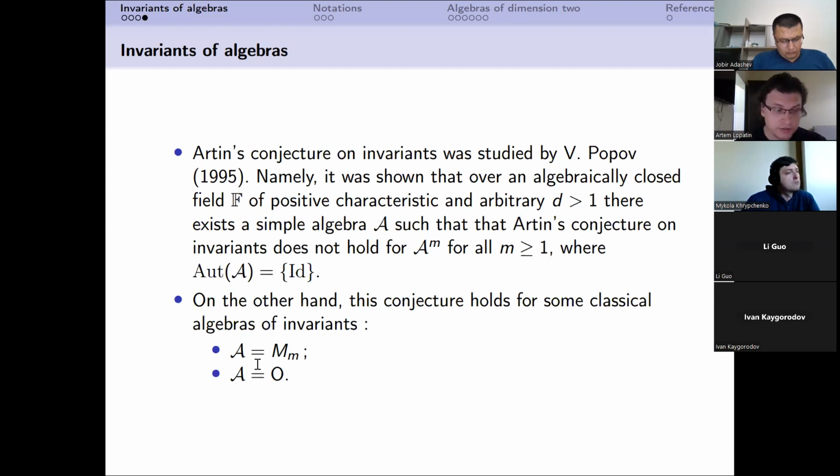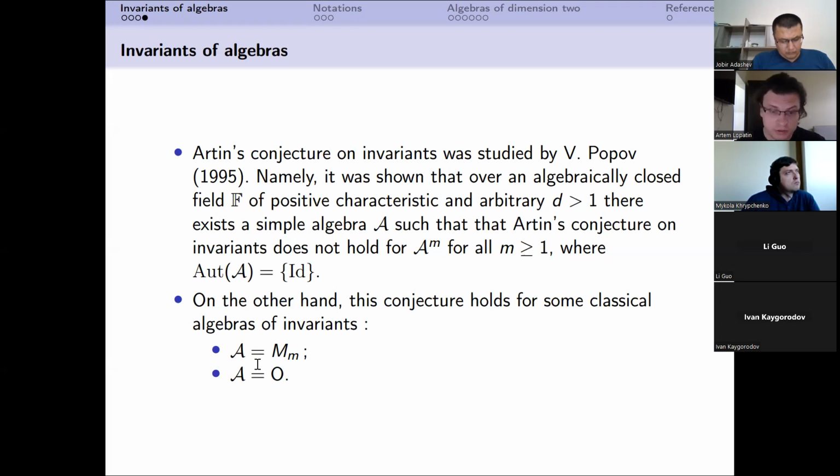And in all these cases, they had some algebra, non-associative, and a group of automorphisms. And so Iltyakov and then Popov, they conjectured that maybe traces is something good that we should use to obtain all invariants. And then they remembered that Artin actually did the same in the case of usual matrices.